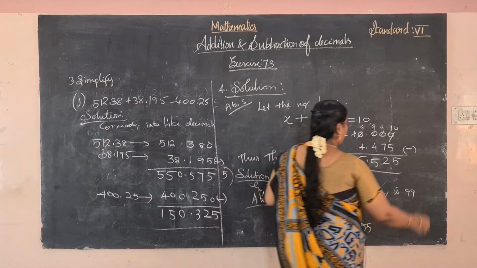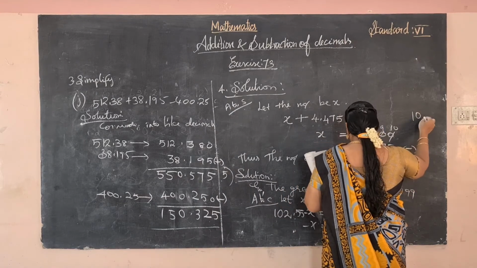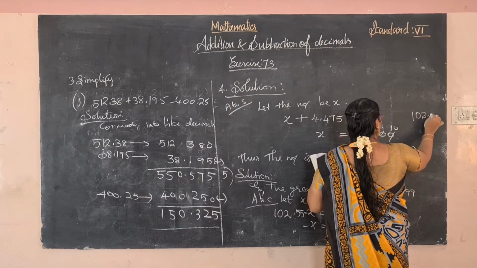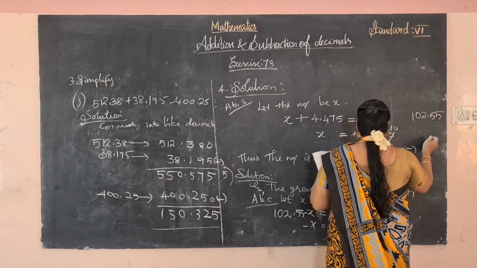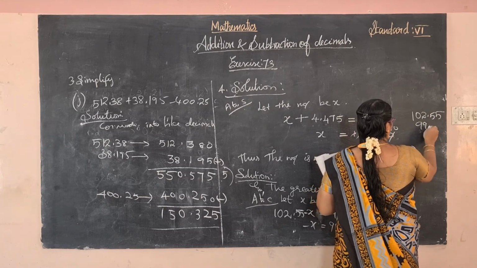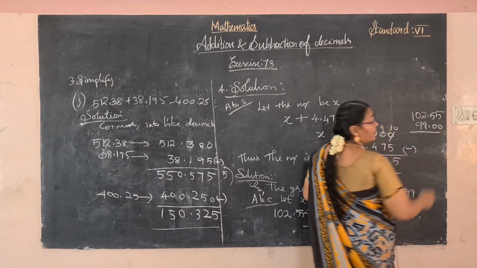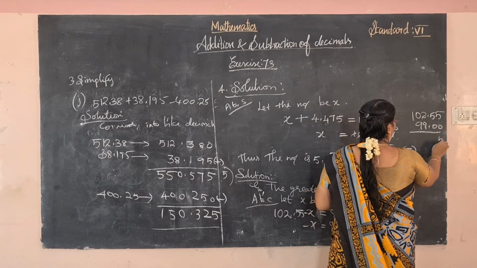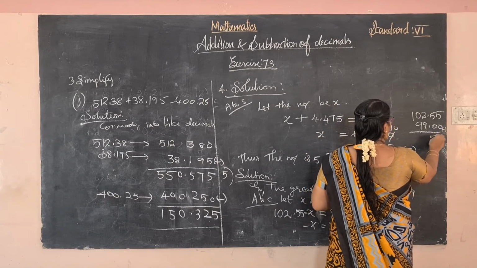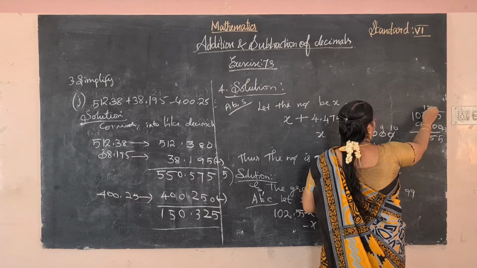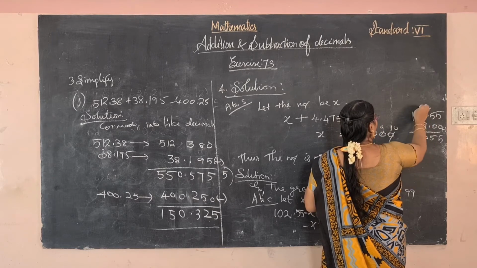So first subtract 102.55 by 99. So first change the like decimals. Subtract 5 is not possible. So 3 here, 9 only.